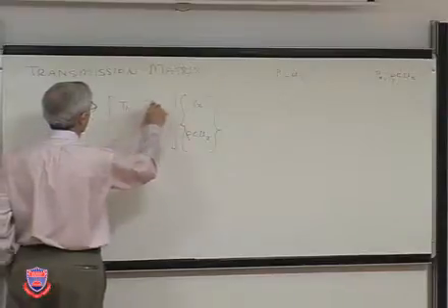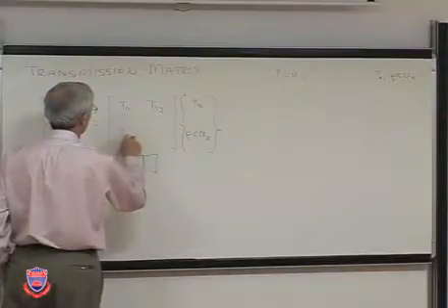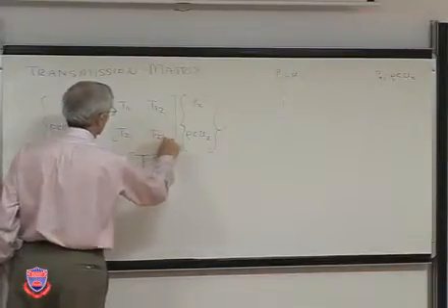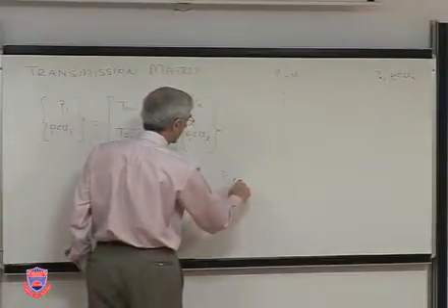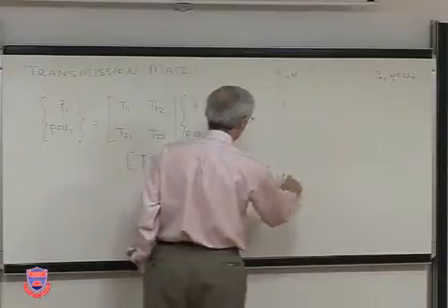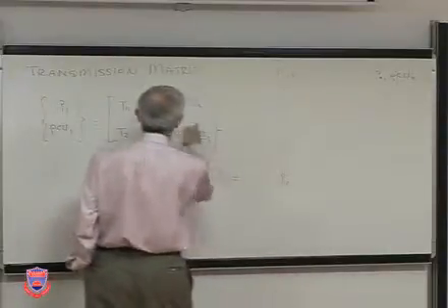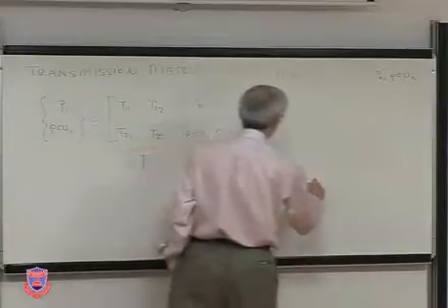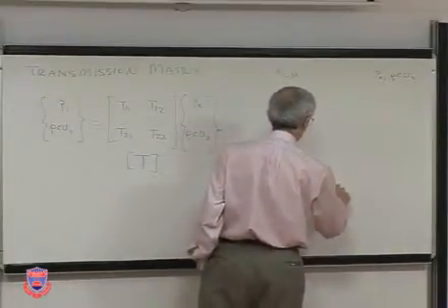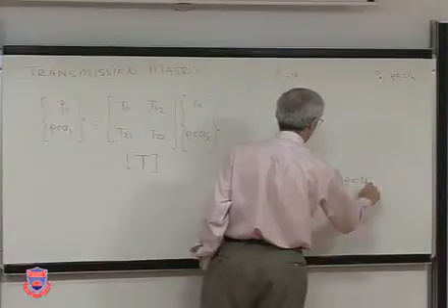And we have elements. So when you write the equations, we write them in terms of T11 P2 plus T12 rho C U2.